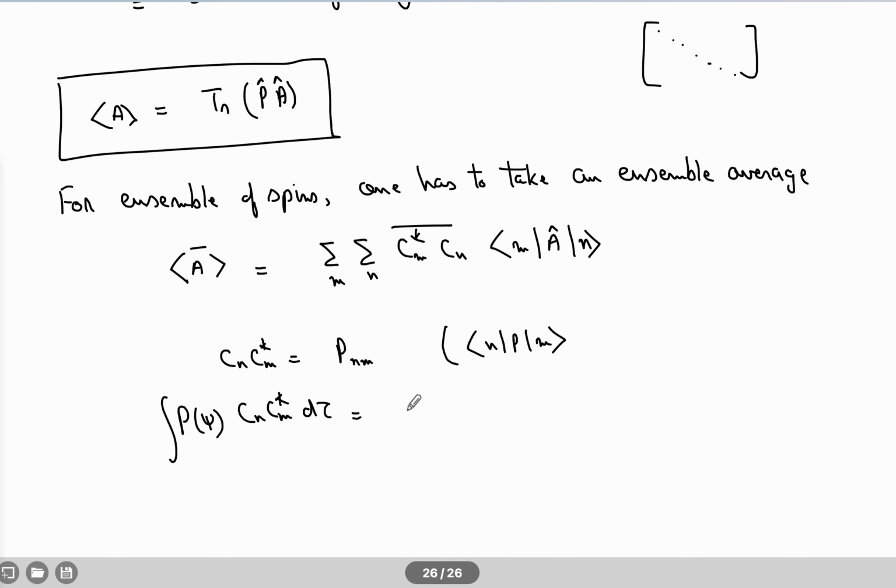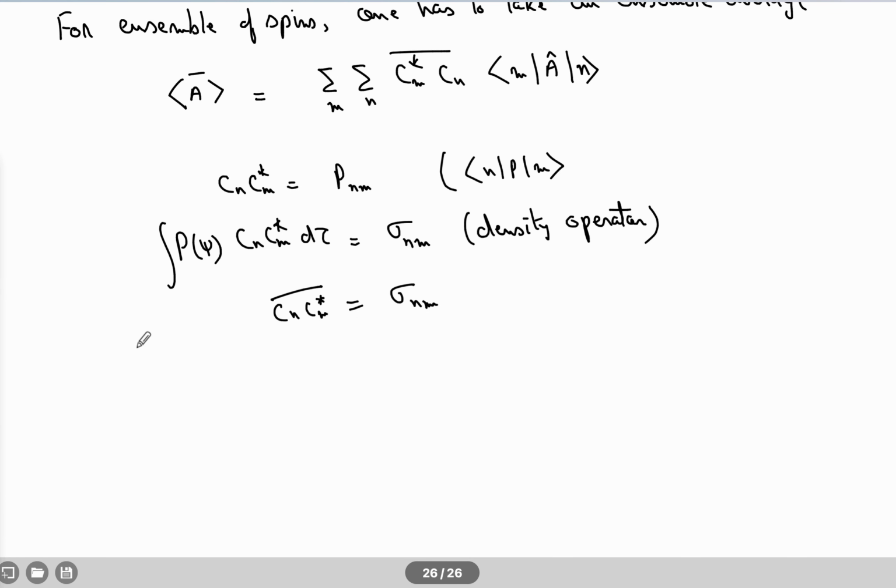Now if you do the same thing here, multiplying with the probability density, you end up getting the density operator, so this is the nm matrix element of the density operator. And on the left hand side you can write Cn Cm star average value as sigma nm, right?